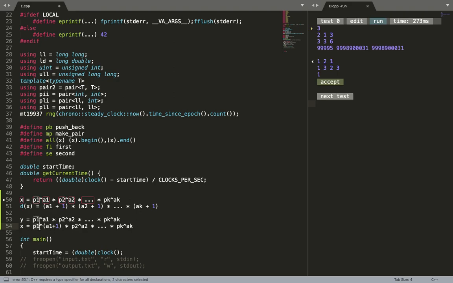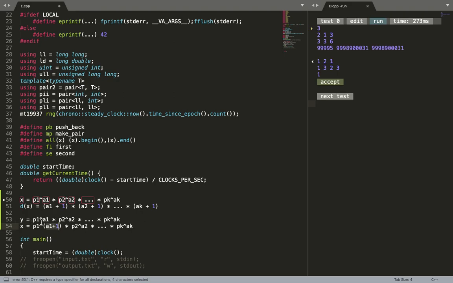If the power of p1 is strictly lower, then it is also a divisor of y, since it has the same form as a divisor of y. So the divisor of x that is not a divisor of y should have p1 in power a1 plus 1, and all the others don't matter.